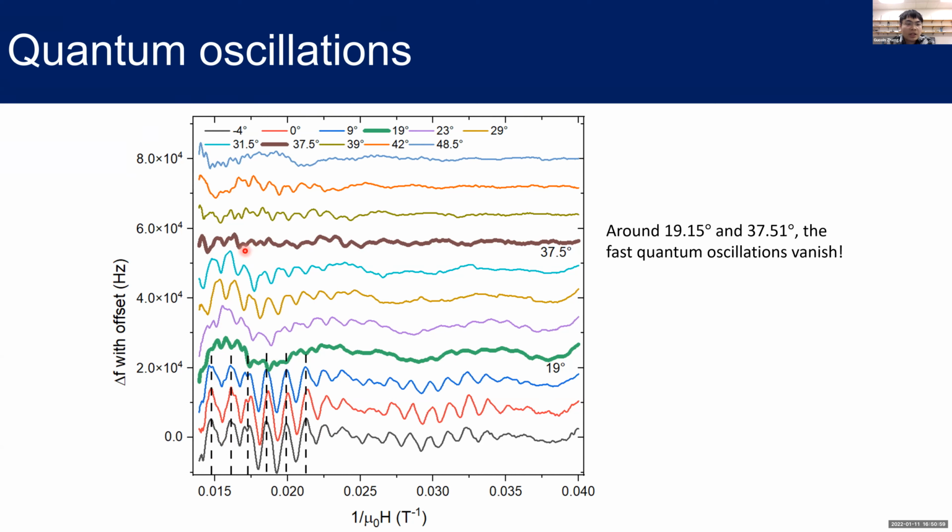This is unusual because we know the amplitude of the FFT for the quantum oscillation will decrease monotonically. But here it decreases and shows up again, and then decreases and shows up. So this is unusual. So we want to analyze further.